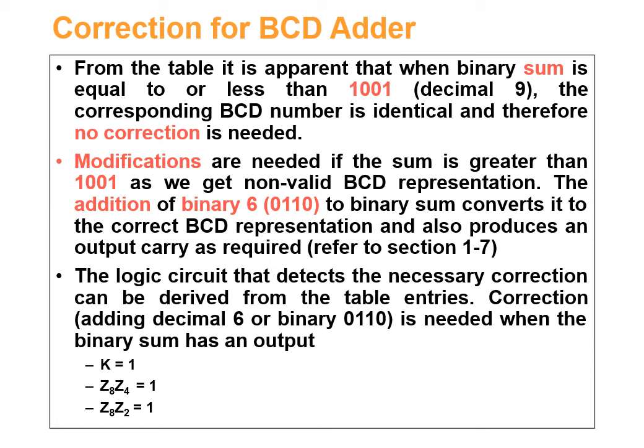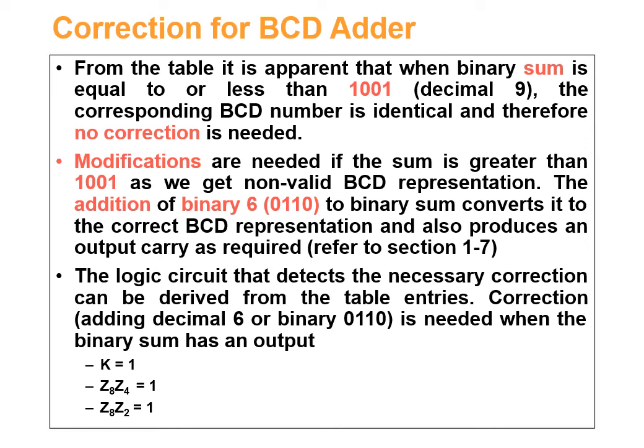The logic circuit that detects the necessary correction can be derived from the entries in the table. It is obvious that a correction is needed when the binary sum has an output carry K equal to 1. The other 6 combinations from 1010 through 1111 that need correction have a 1 in position Z8 to distinguish them from binary 0111 and 1001, which also have a 1 in position Z8.